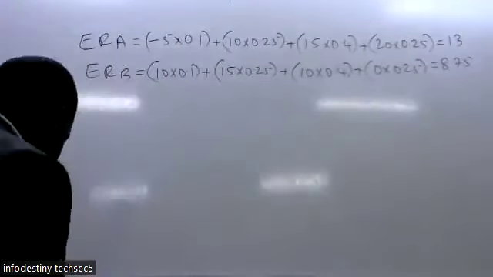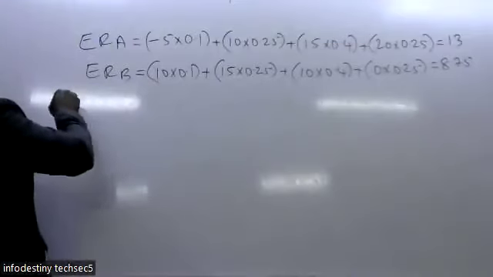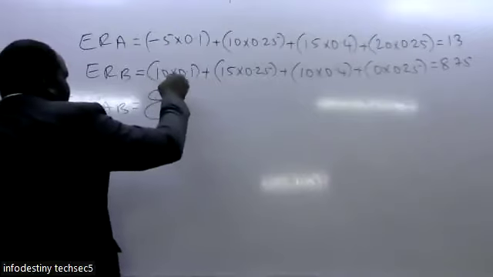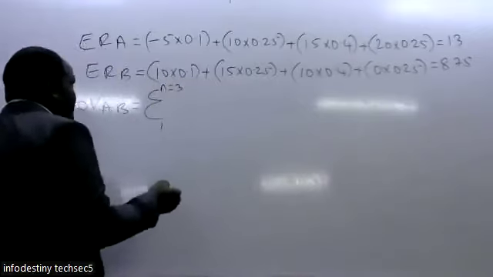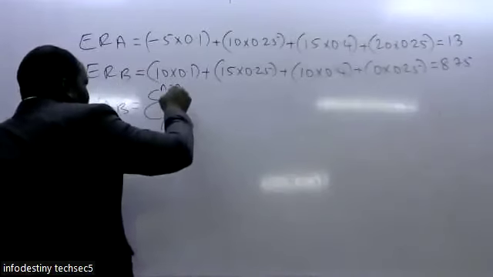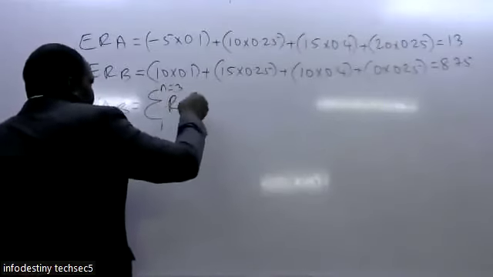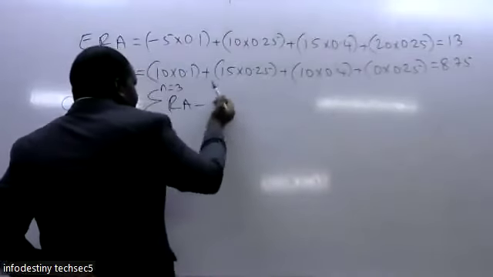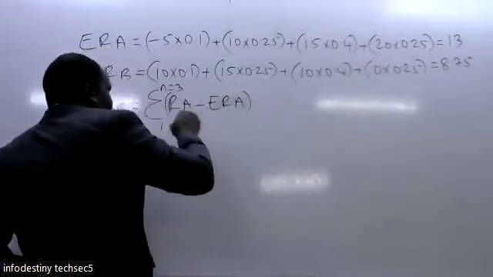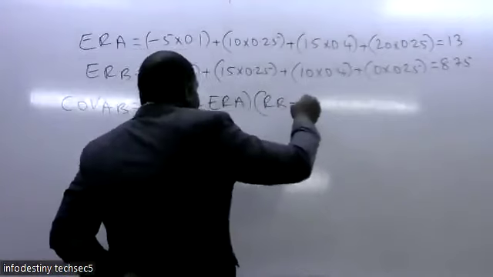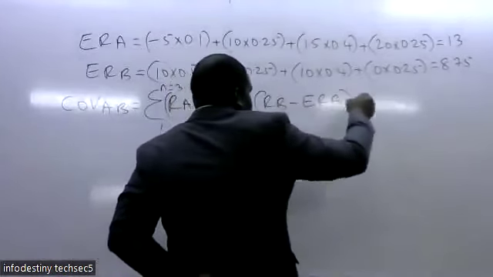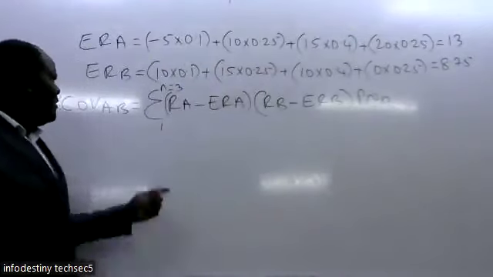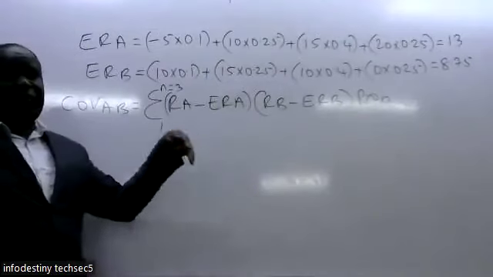So now after that, we should come up with the covariance between A and B. To get the covariance between A and B, when you are using the formula, the other question, it was the reverse.